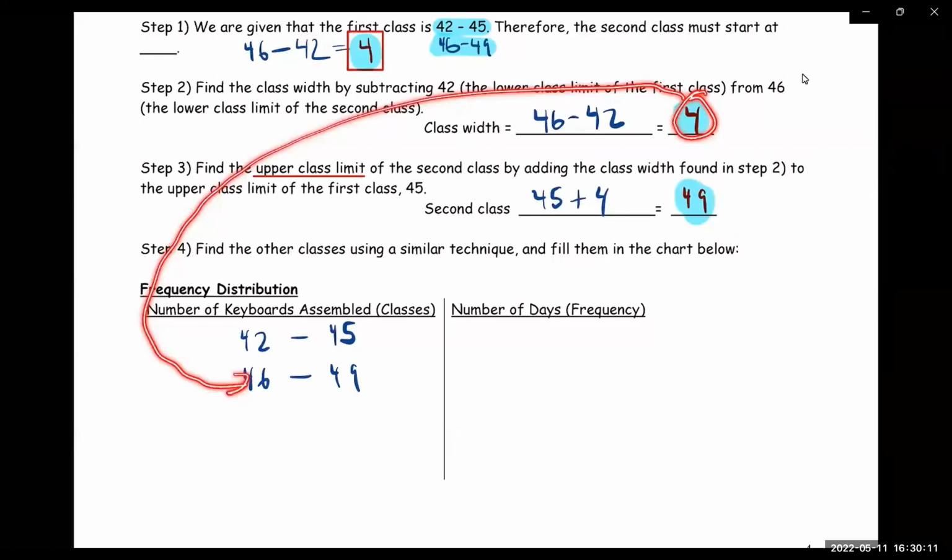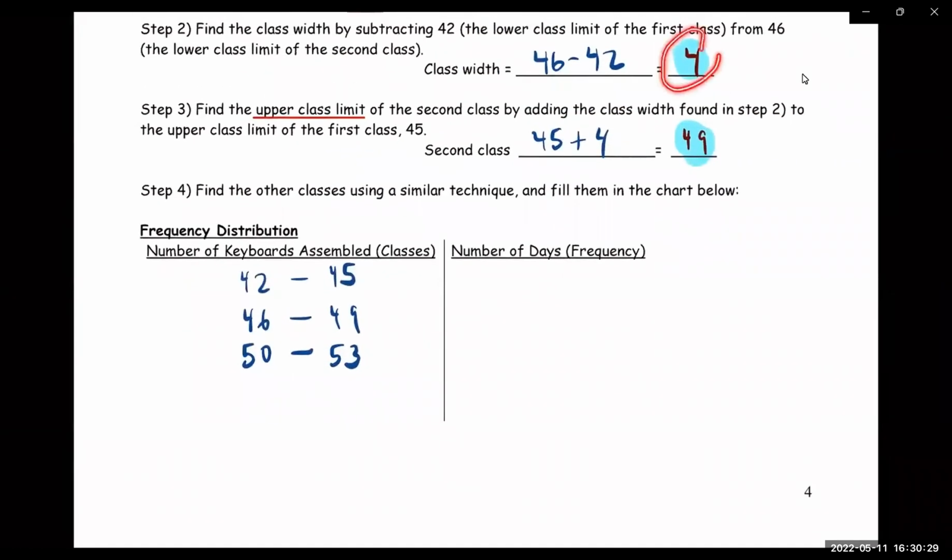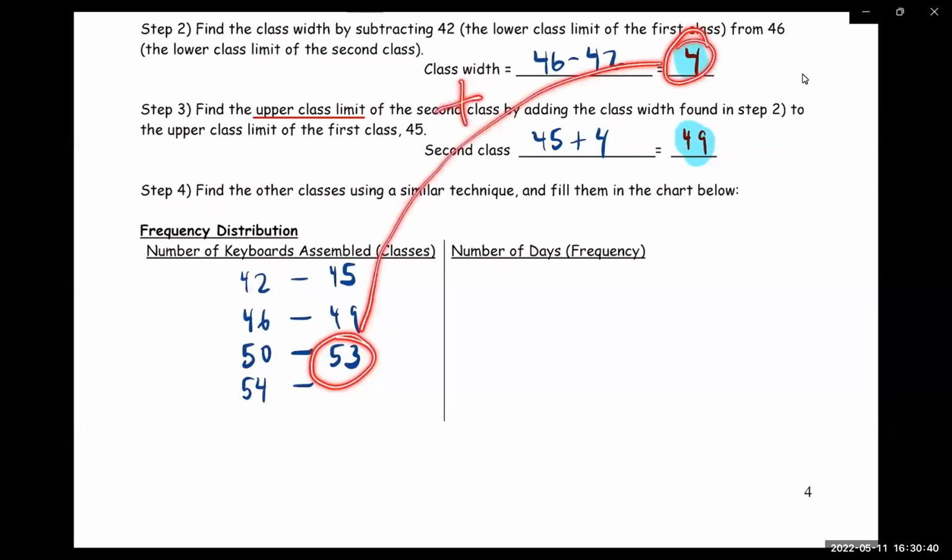So 46 plus 4 is 50. Then you do the same thing to 49 plus 4, which is 53. And you just keep doing that. 4 plus 50 is 54. Then you do the same thing. 4 plus 53 is 57.